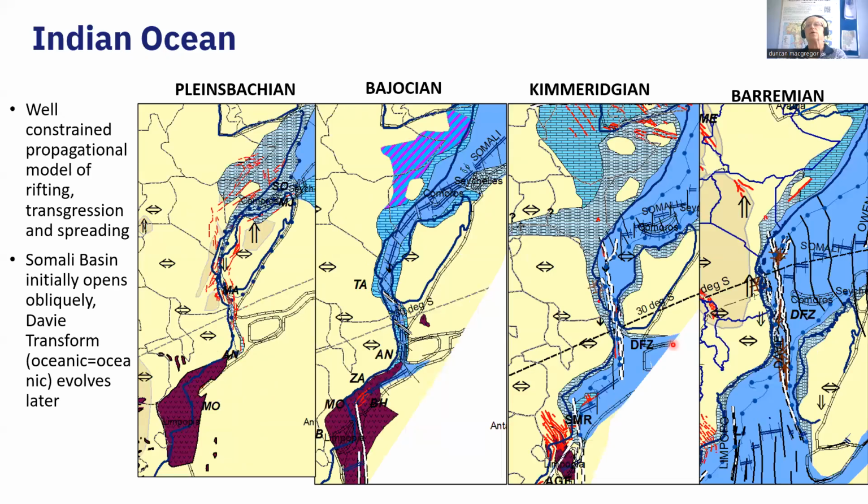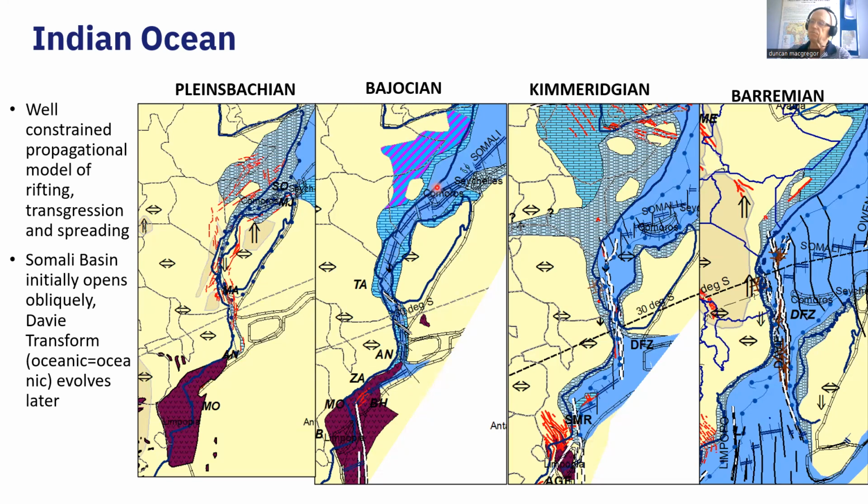Again, this is true in the Indian Ocean. And here we see propagation not only of the rifting from north to south, but also of transgression. The Toarcian transgression goes right down to where the salt is here in the Angoche, as does this Bajocian transgression, with carbonate platforms bounding deep water on each side, suggesting we have oceanic crust in there.